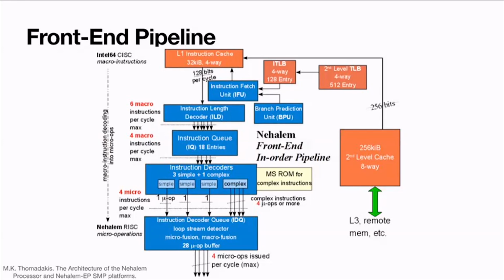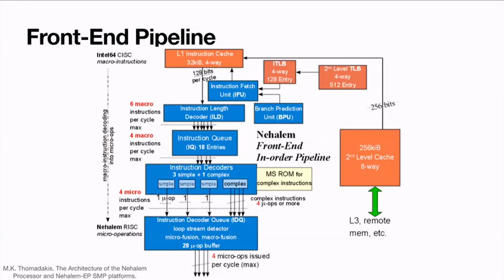The instruction queue can hold 18 entries, and 4 macro instructions can be taken every cycle and given to the decoders. There are 3 simple decoders and 1 complex decoder. The MS ROM is the micro sequencing ROM, which holds the sequence of operations for a complex instruction, such as a square root function, so you don't have to do the decoding every time.